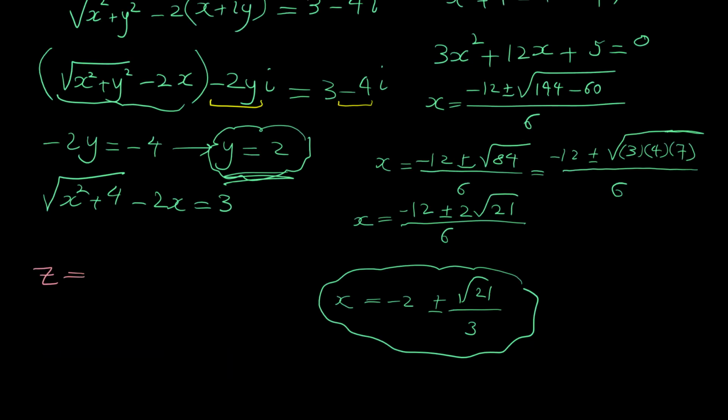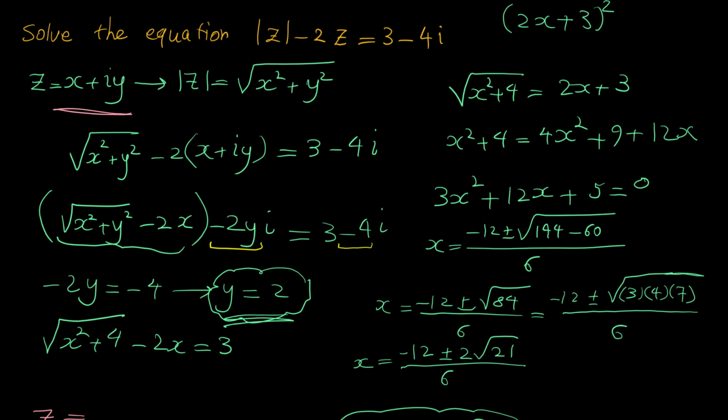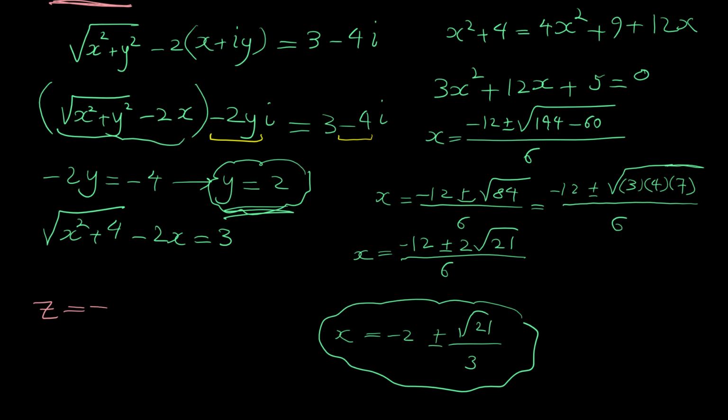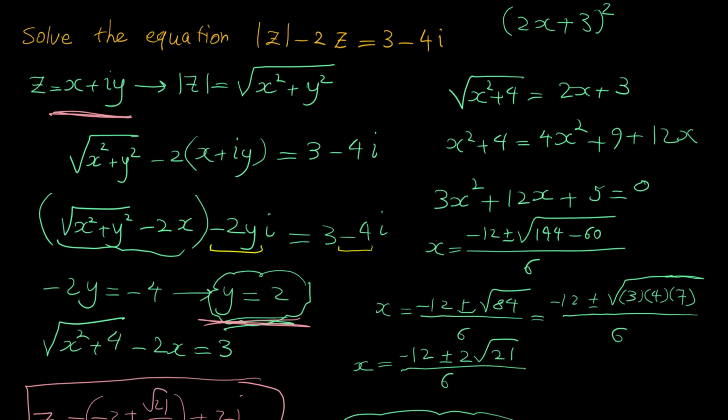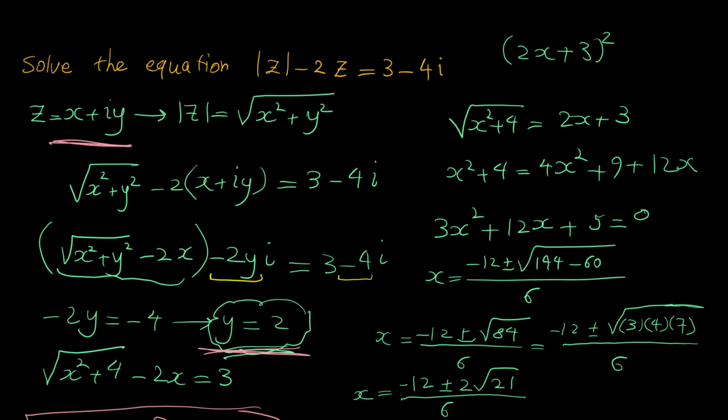Remember, z was in the beginning x plus iy. What is x? x is only negative 2 plus radical 21 over 3. And y is 2, so y times i is plus 2i. This is the only solution of this equation that we had.